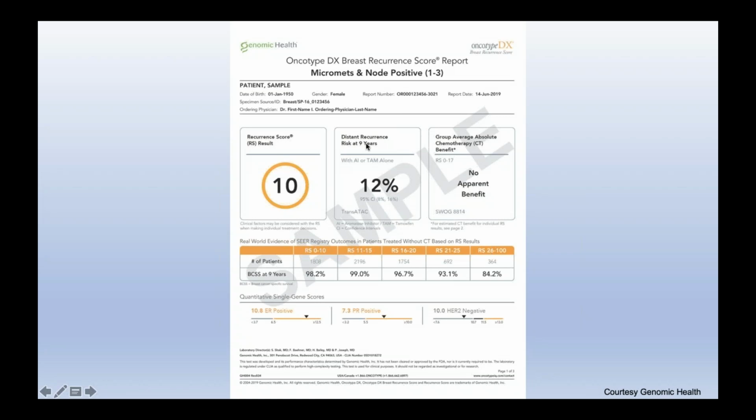You'll see a recurrence score here. What's the risk of a distant recurrence or a metastasis? What's the risk of that tumor traveling into the lymphatics and presenting down the road somewhere else? And is there a benefit from chemotherapy?